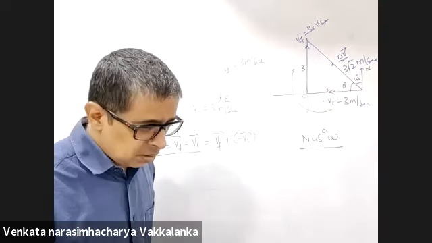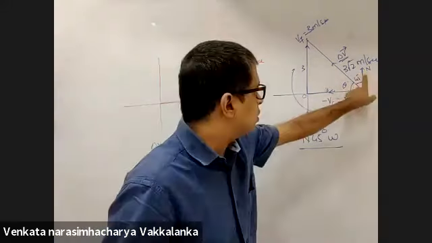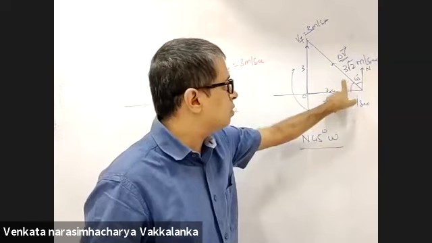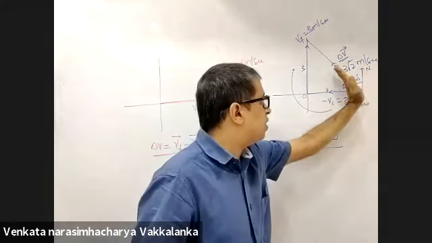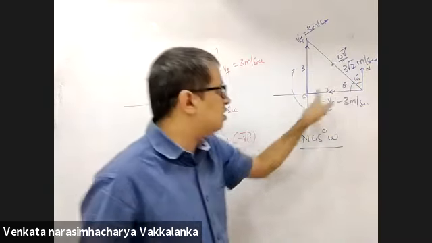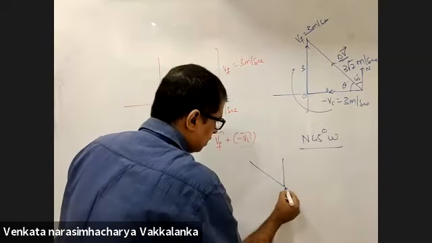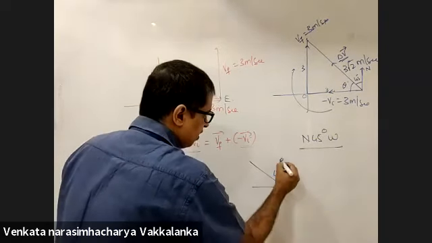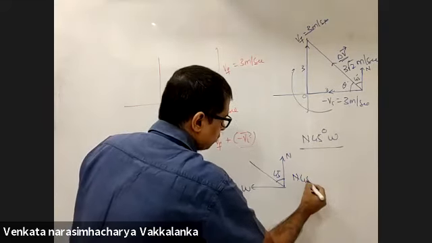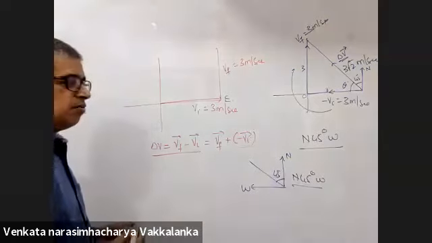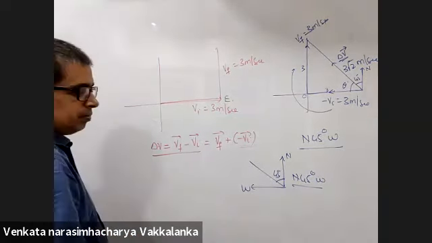One more. Sir, can you explain how you got north 45 degree west? North 45 degree west: from north by 45 degrees, are you moving towards east or west? West. So north 45 degrees west. If a vector is like this at an angle of 45, this is north, this is west. From north you will turn by 45 degrees towards west.